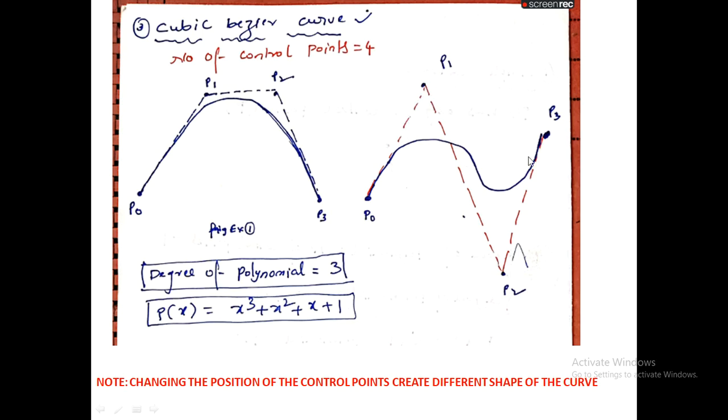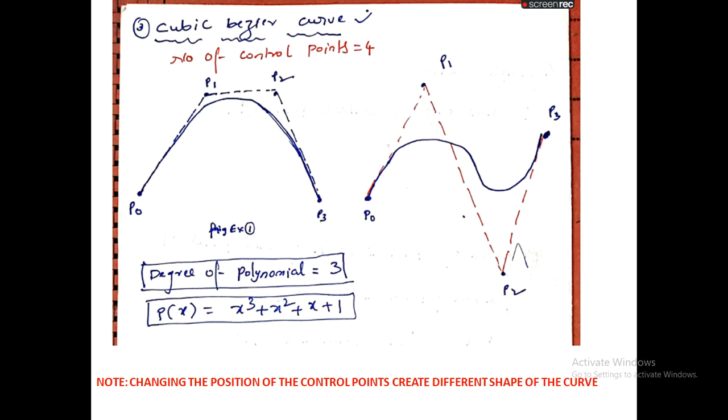I am using 4 control points, not 3. Try to observe the shape of the curve. In figure 1 also there are 4 control points and 3 tangents. In figure 2 also there are 4 control points and 3 tangents. But the positions of the control points are different, right?